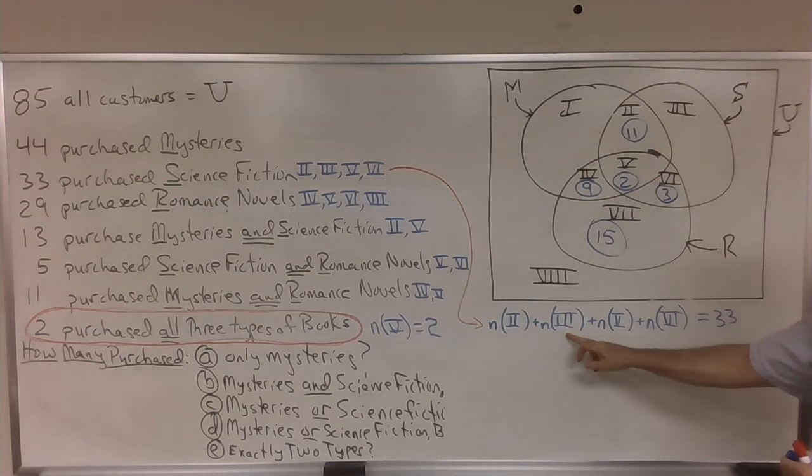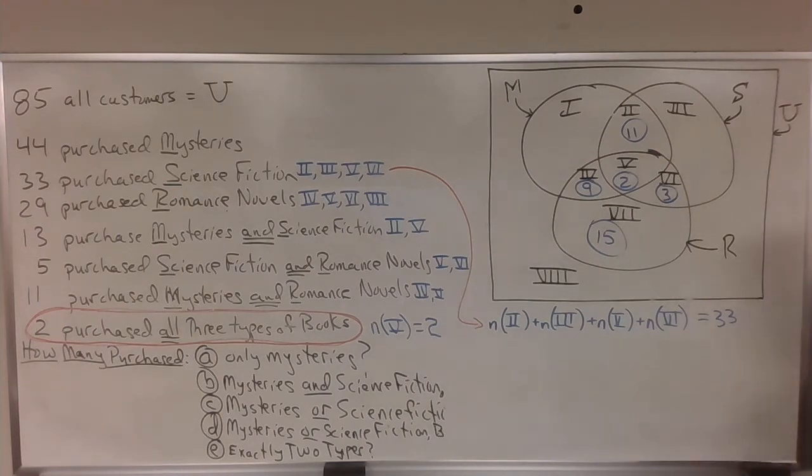And region 3 is the only one that we don't know. So we'll keep region 3 on the left. We'll move the other 3 regions over to the right.